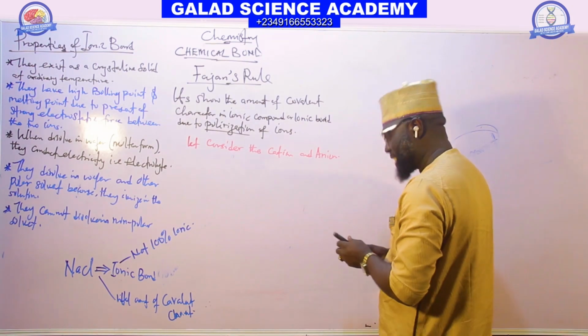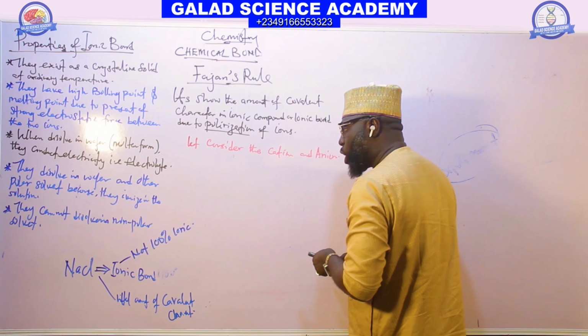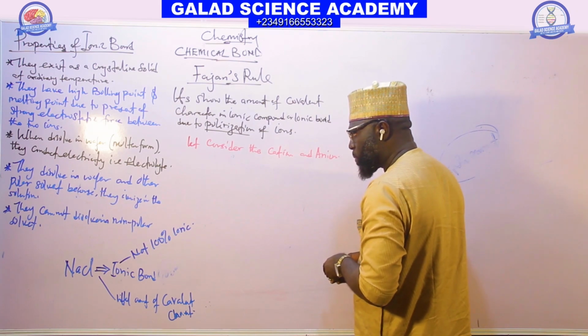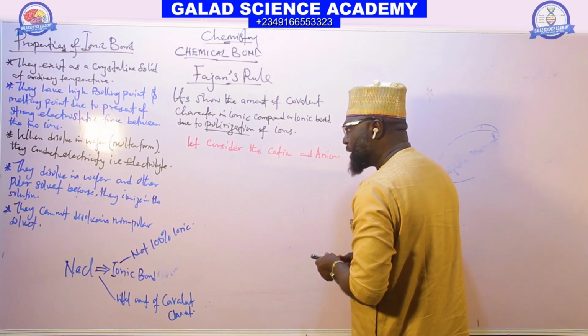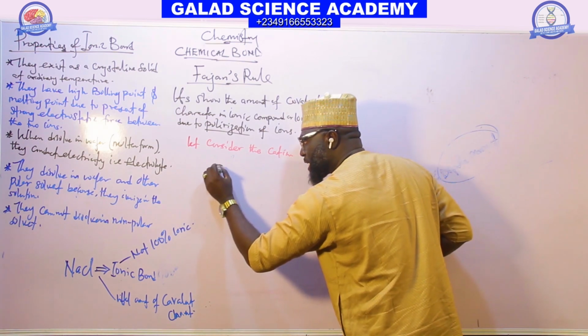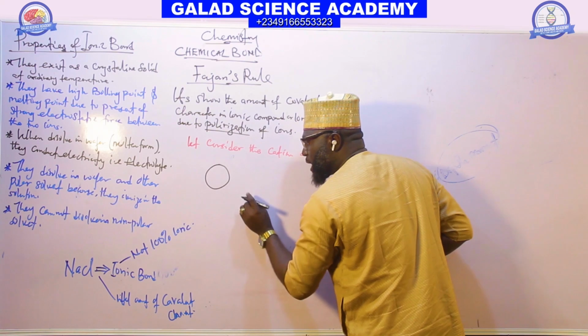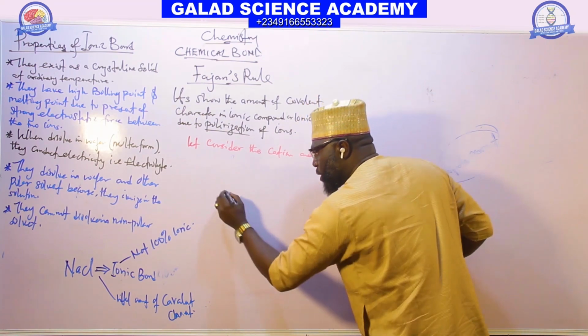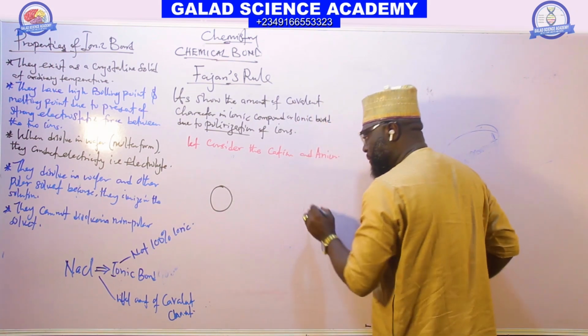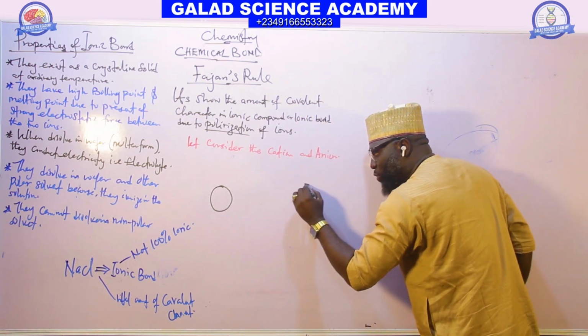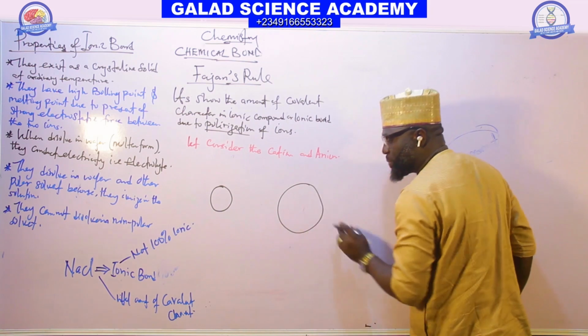The size of the cation is smaller, and the size of the anion is bigger.